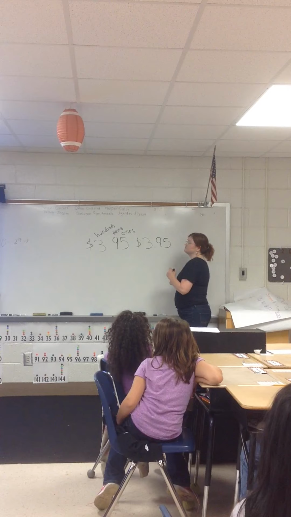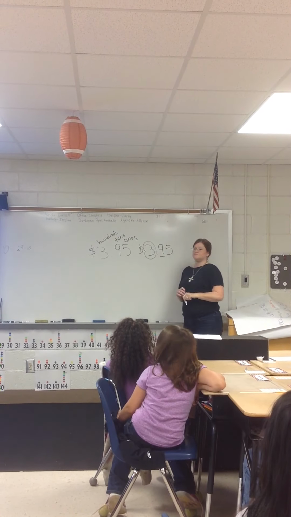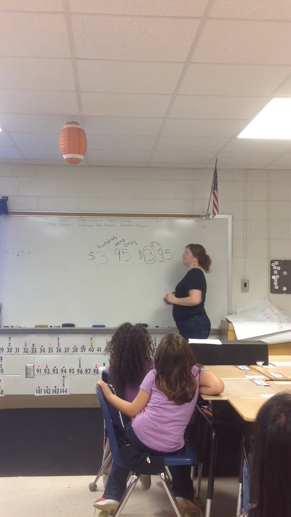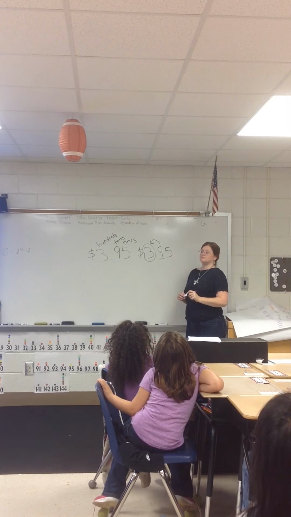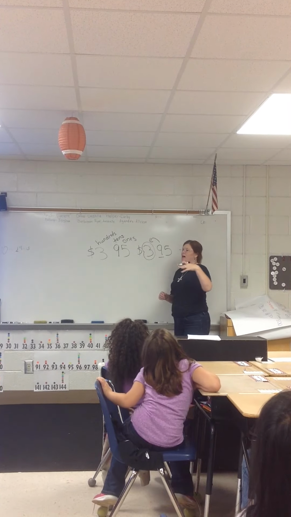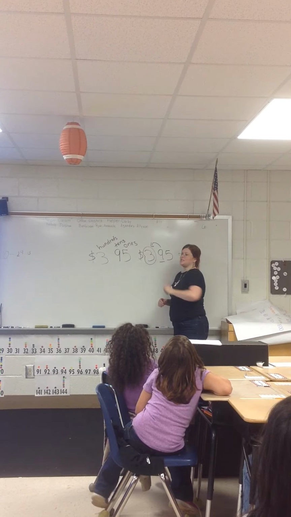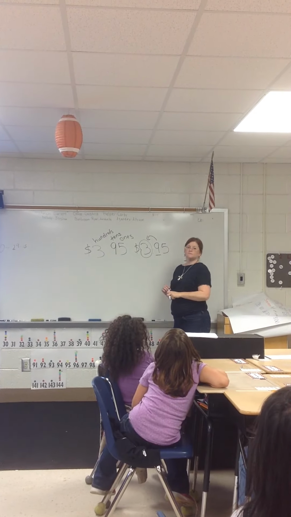Circle the 3, underline the 9, and the 9 is telling the 3 to let it soar, because it's 5 or more, let it soar. So what is that 3 going to soar to? 4. It's going to turn into 4.